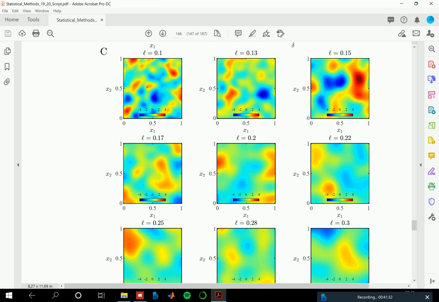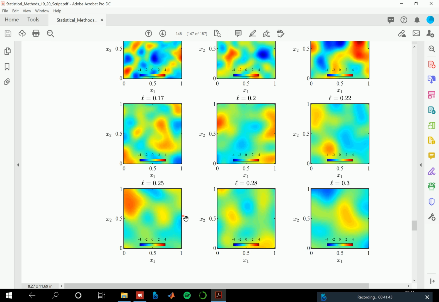So if your covariation over space drops quickly, then the realizations will become rougher. If your covariation drops very slowly over space, then the covariation will remain quite strong, and you will have more smooth realizations.